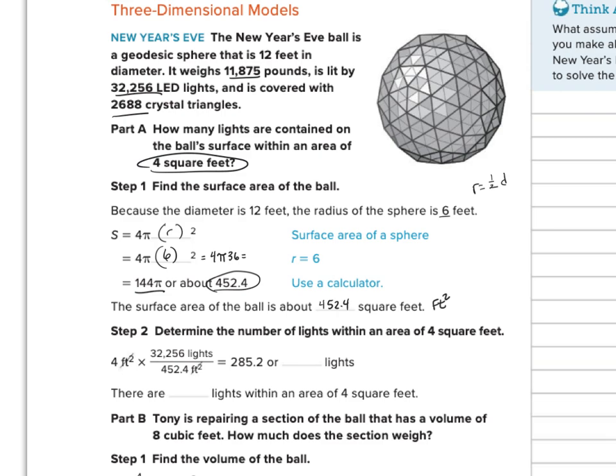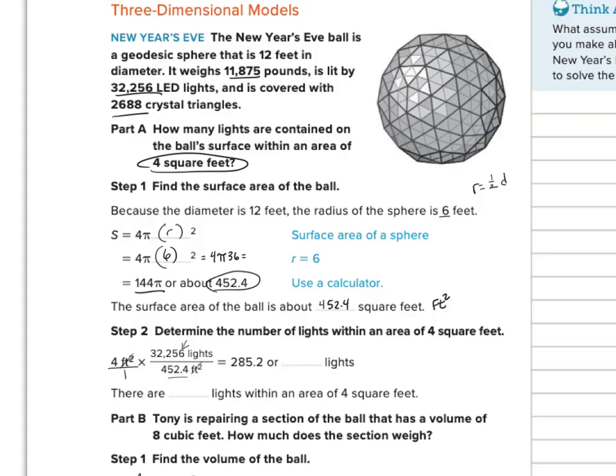Determine the number of lights within the area of 4 feet. So all we're doing now is we're going to convert. We want to not do all of it, but just 4 feet. So if we have 4 feet, and then I'm going to cross multiply, right? Because I know there's this many lights out of this many feet.